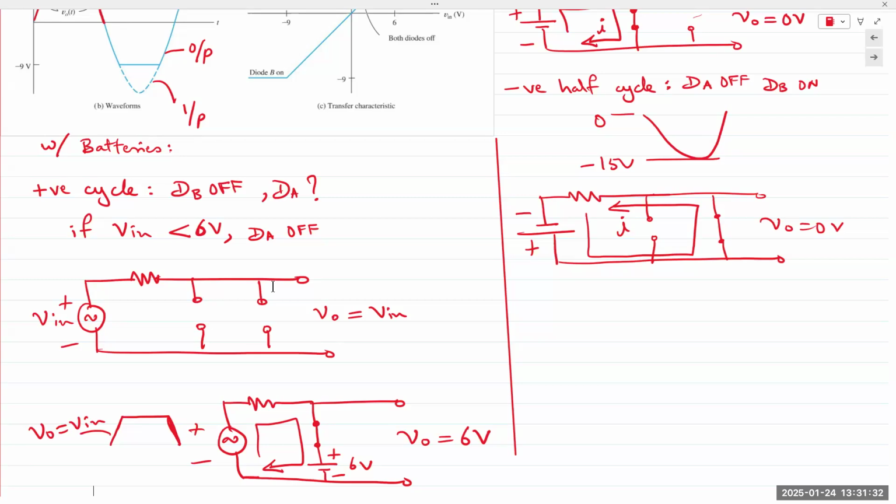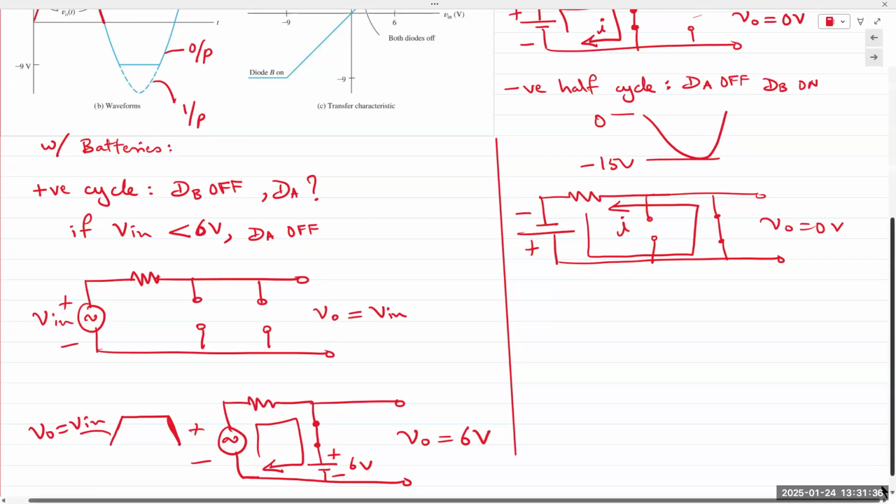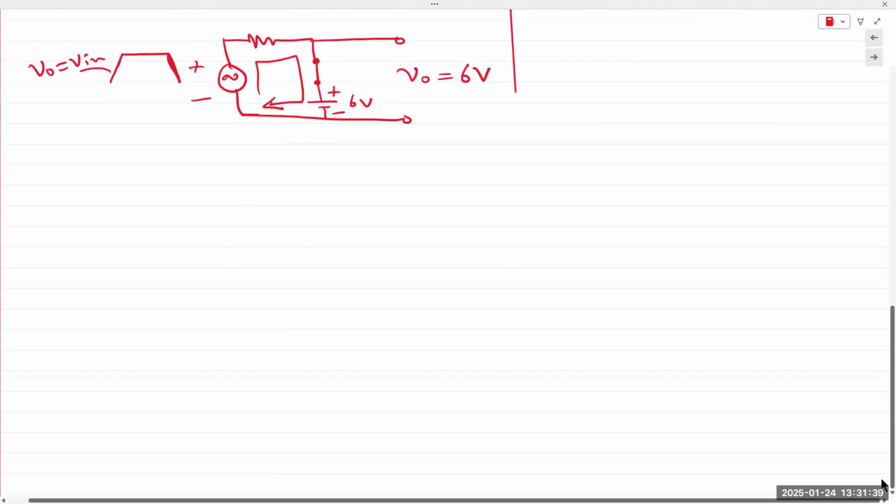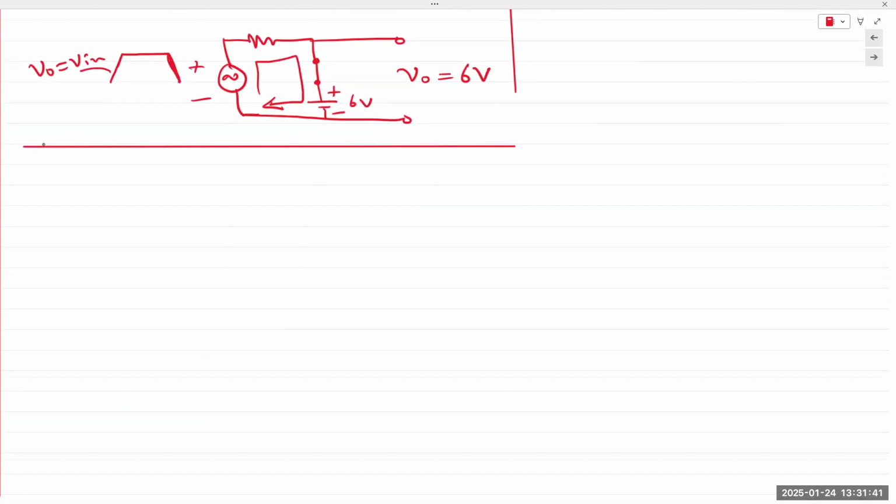In the negative half cycle, the same thing happens, but the branches are now switched. In the negative half cycle, dA is going to remain off regardless of what battery is connected. And dB will remain off until Vin falls below -9 volts.